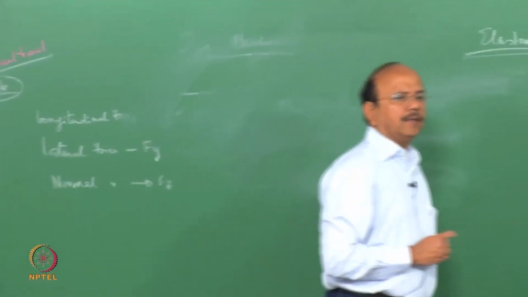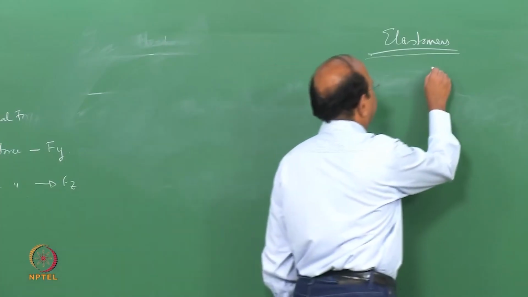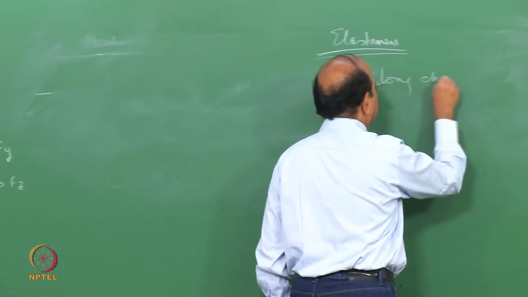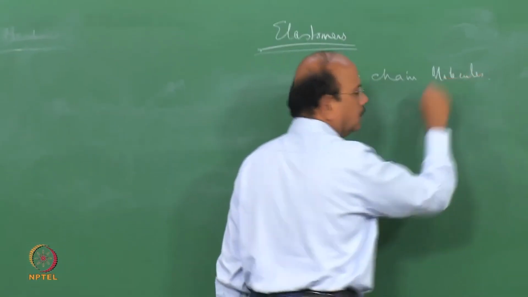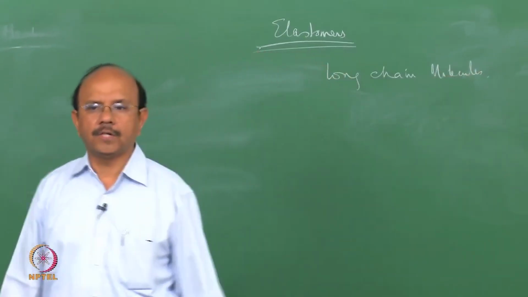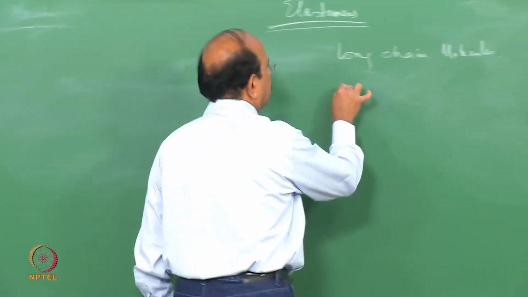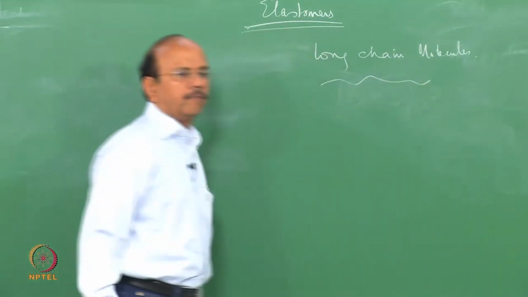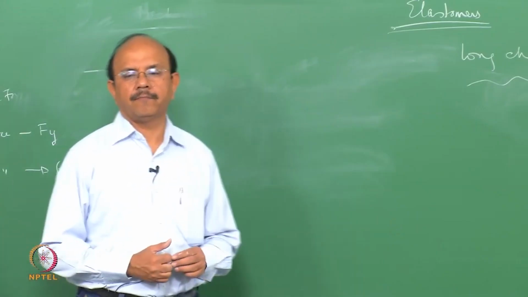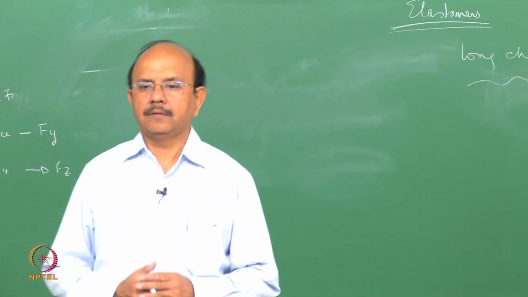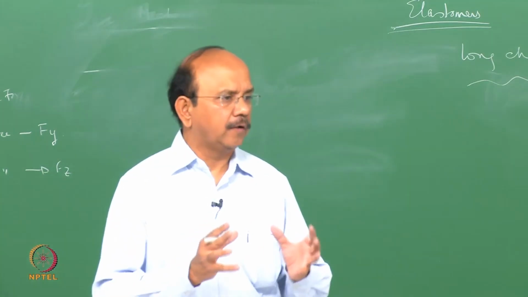Now, what are these elastomers? The elastomers are basically long chain molecules. Now, these long chain molecules are vulcanized through what are called sulfur bonds.